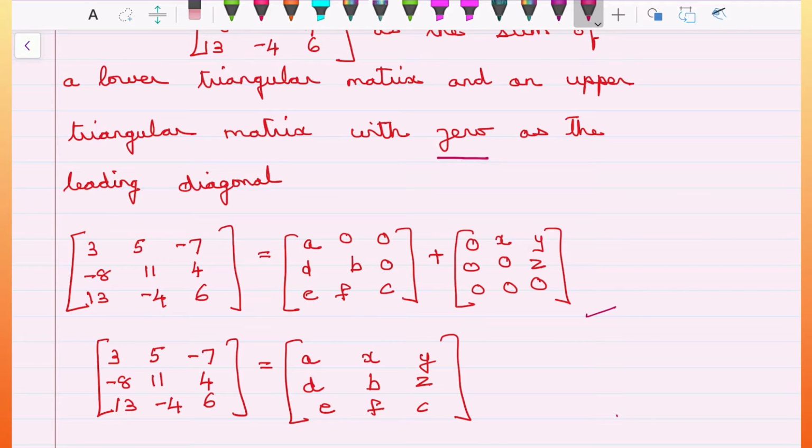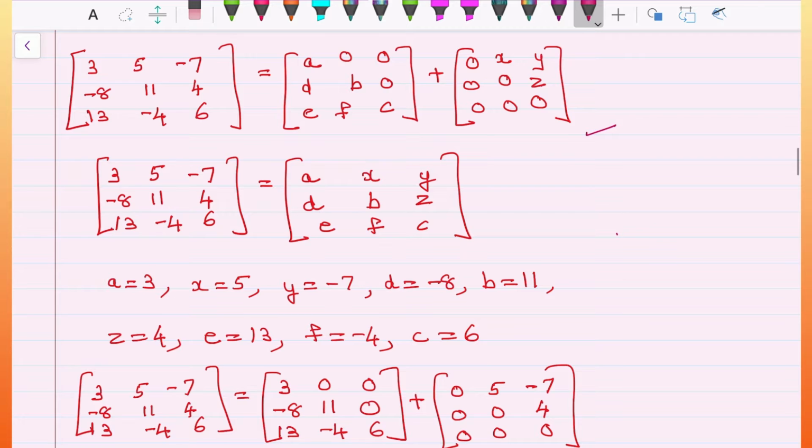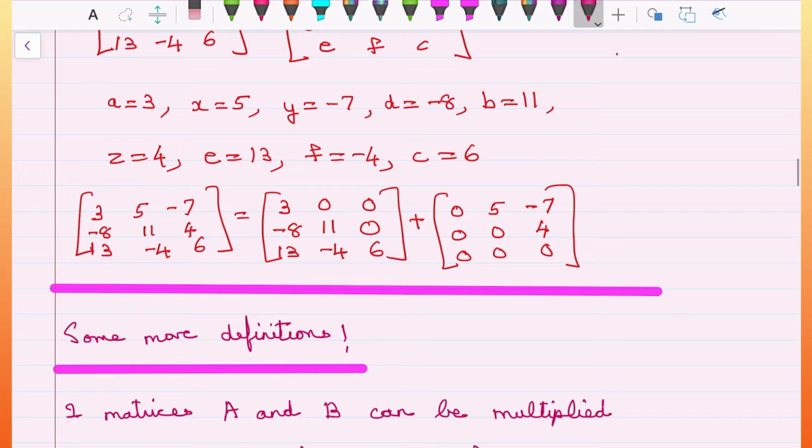If I add these, I get A, X, Y, D, B, Z, E, F, C equal to the matrix on the left. Equating, we get the values of A, X, Y, D, B, Z, E, F, C. Substitute here. So we have written it as the sum of an upper triangular matrix and a lower triangular matrix.